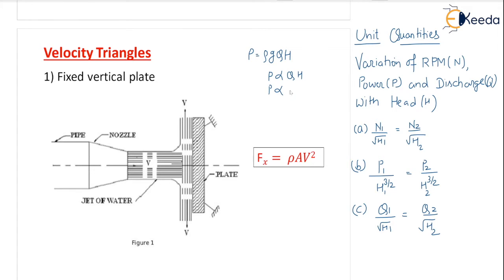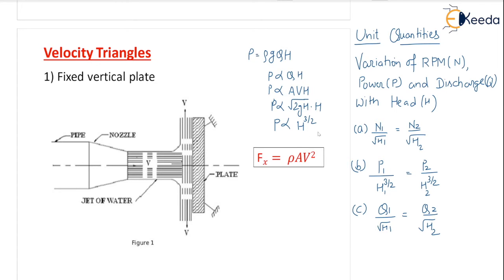Discharge is area into velocity, into H. For the given diameter area is constant, velocity is root under 2gh, and one H is outside. So finally P is proportional to H to the power of half plus 1, that is 3 by 2, 1.5.